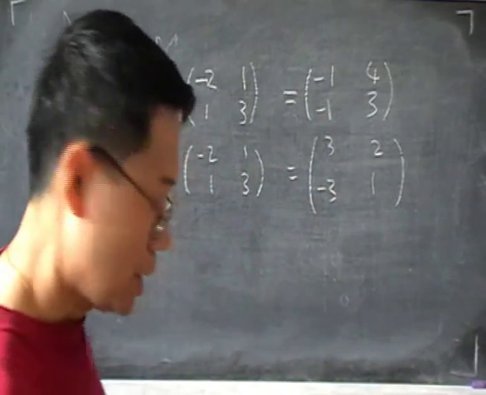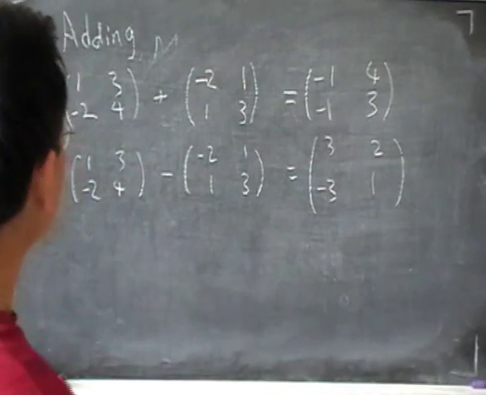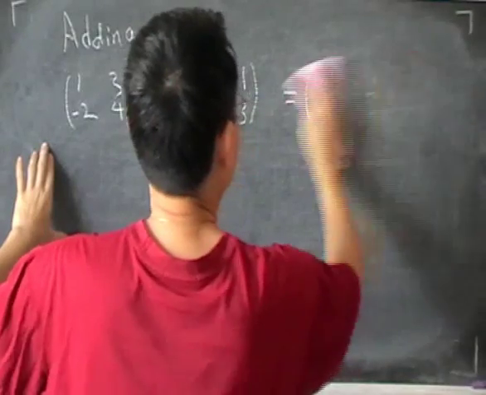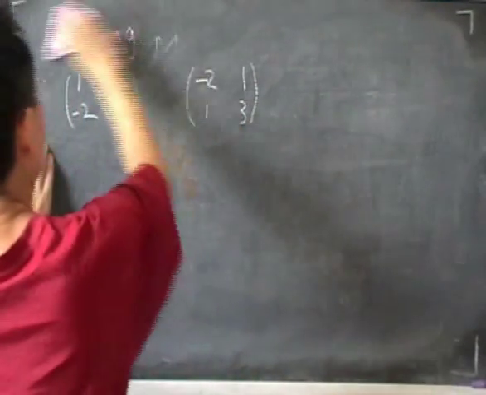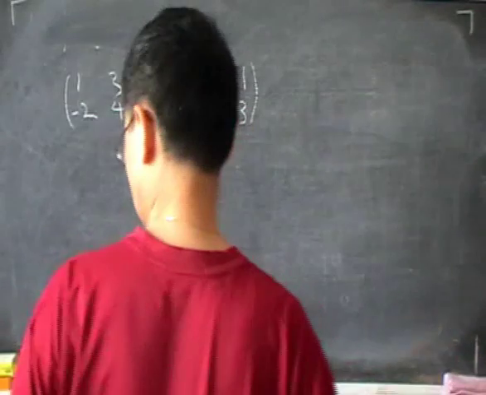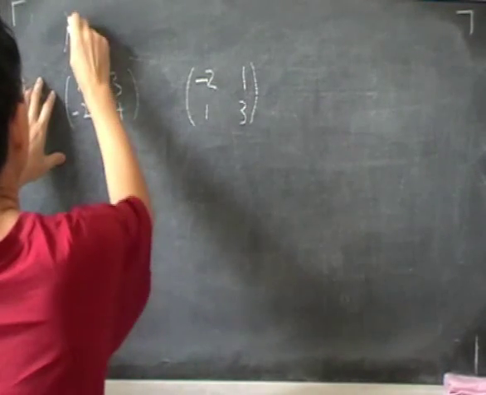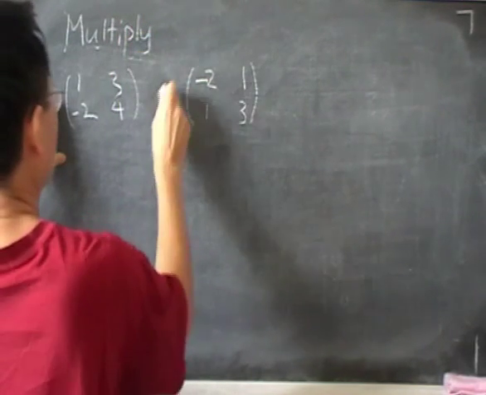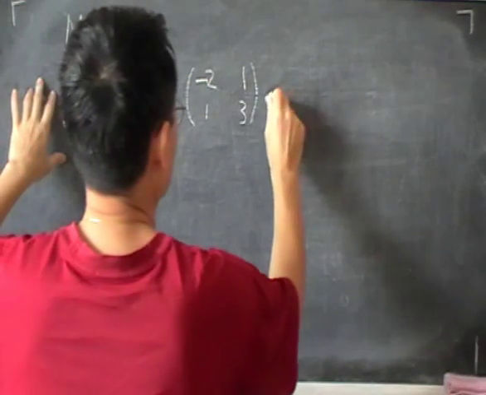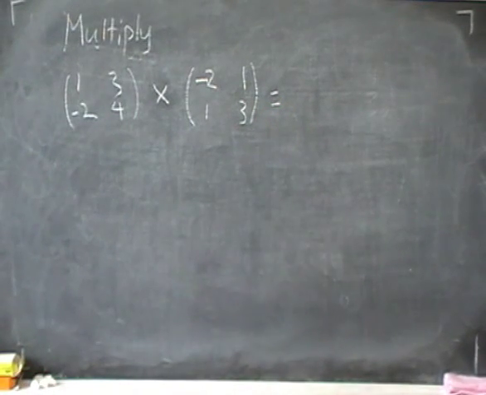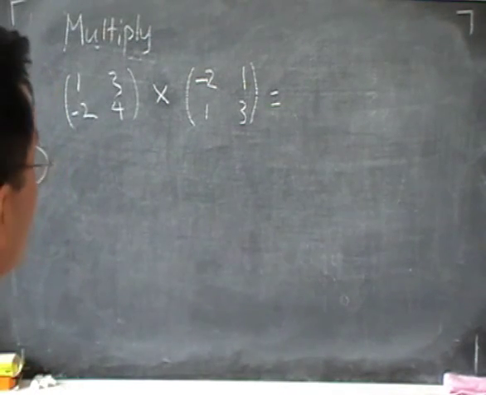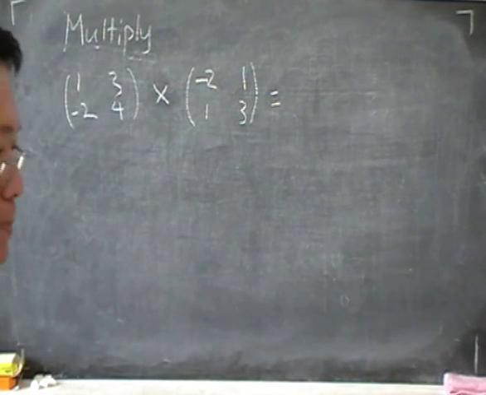Now, we're going to look at multiplication. That's more tricky. So what if we need to multiply those two matrices?